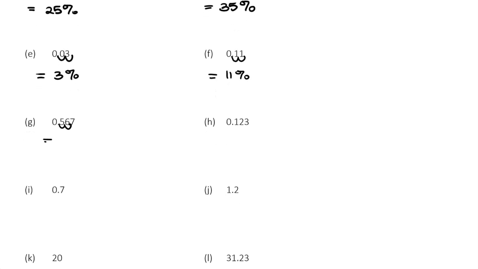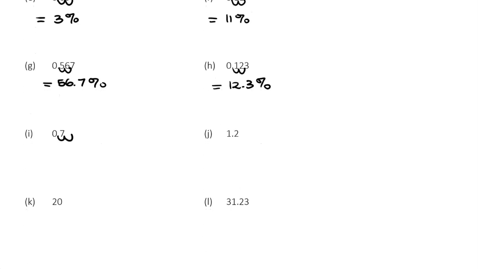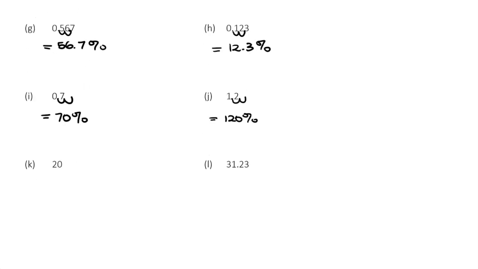Moving it 2 decimal places means we're going to get 56.7% here. And this one will be 12.3%. 2 jumps, we get 70% for this one. And this one we've got a decimal that's 1 or greater. So jump, jump, makes sense, we get 120% for this one.